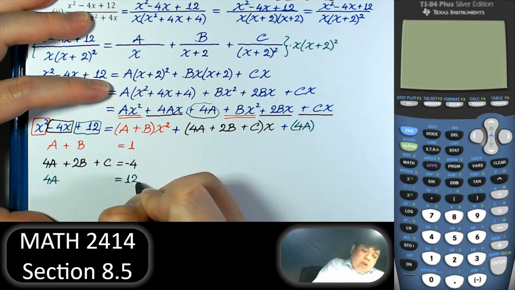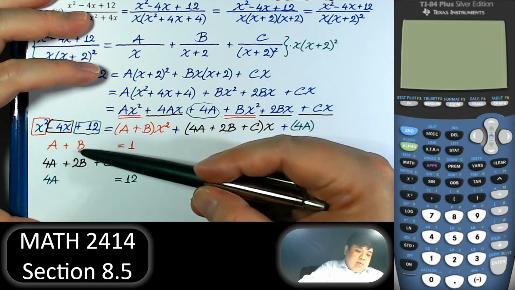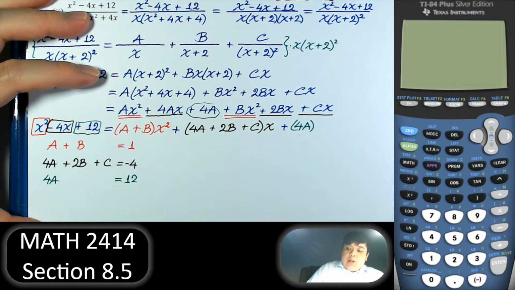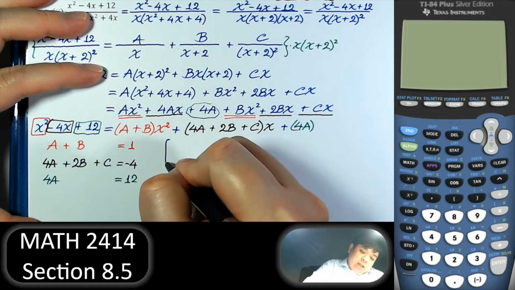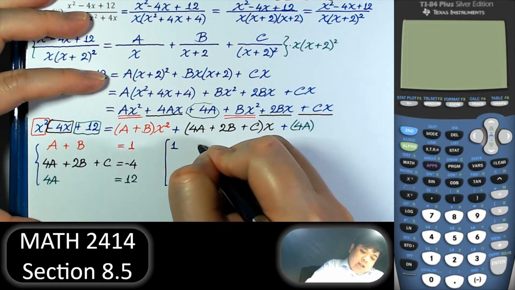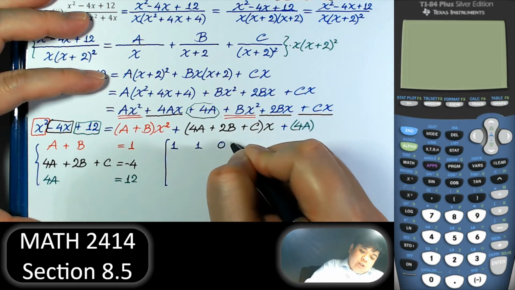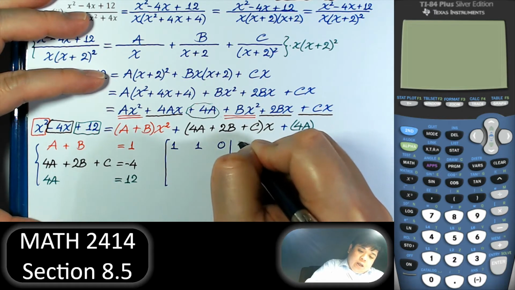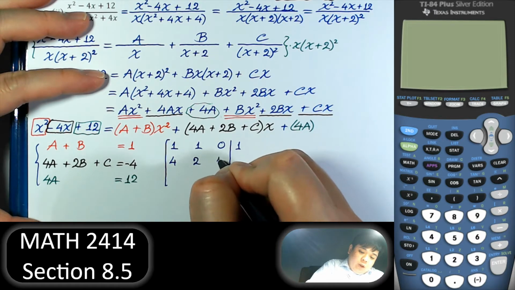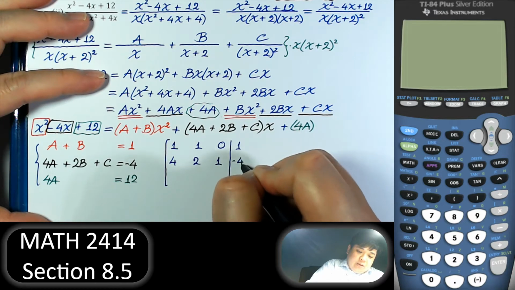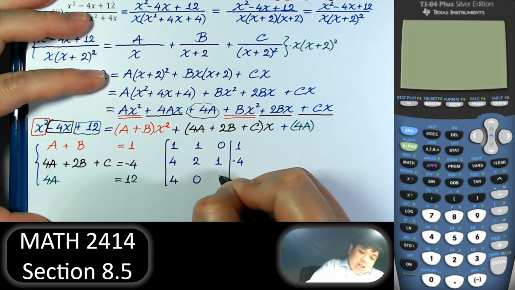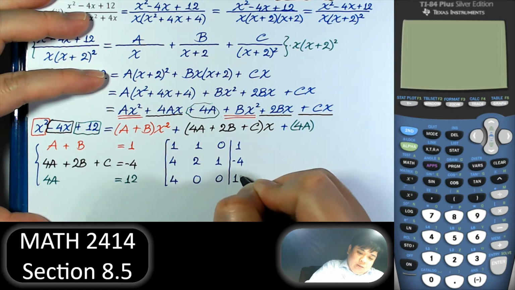Right. So I write columns of A, B, and C, and the constant on the other side. So in that case we can put in the matrix and do the reduced row echelon form nicely. 1 for A, 1 for B, 0 for C, equal to 1. 4A, 2B, 1C, equal to negative 4. 4A, 0B, 0C, equal to 12.